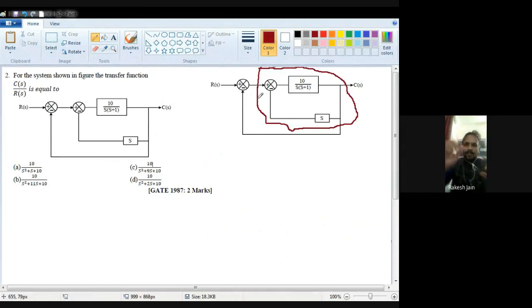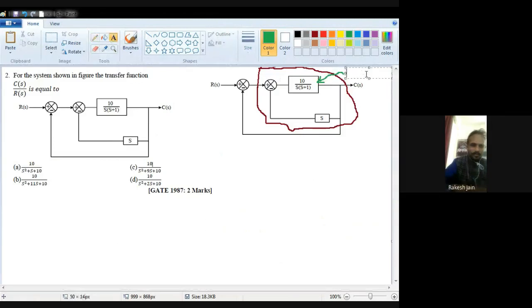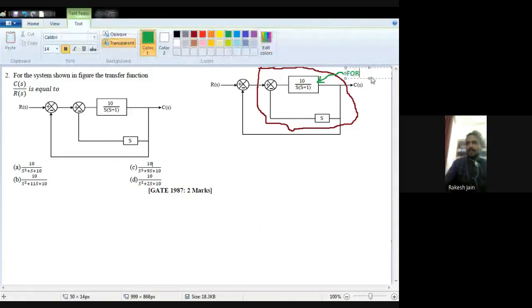This one is what is the forward gain? I just type with the green color to show you that this is my forward. Here for this block, this will behave as a forward gain.